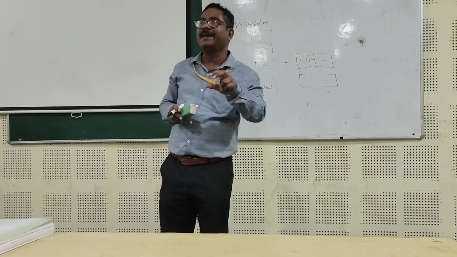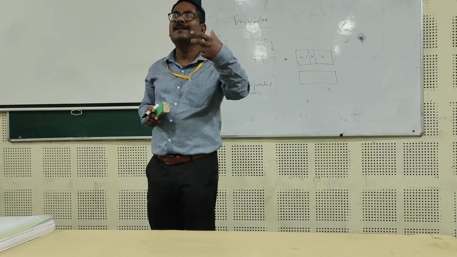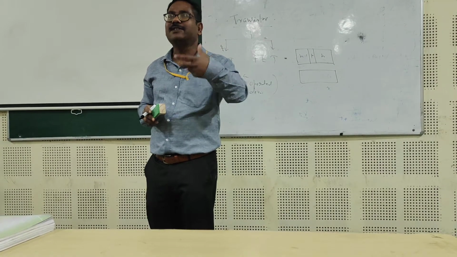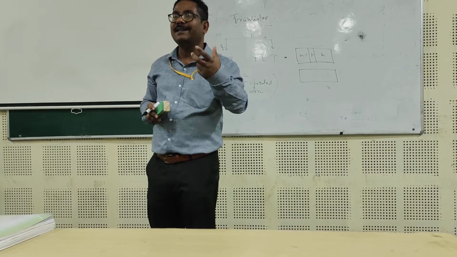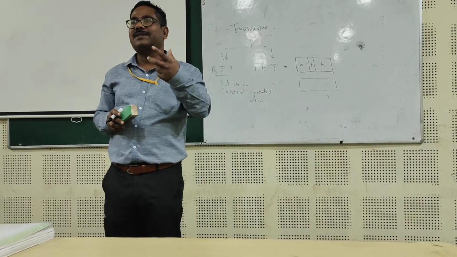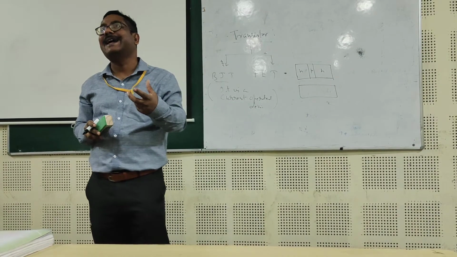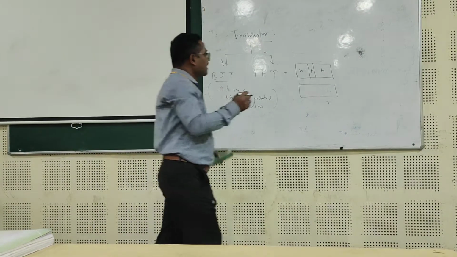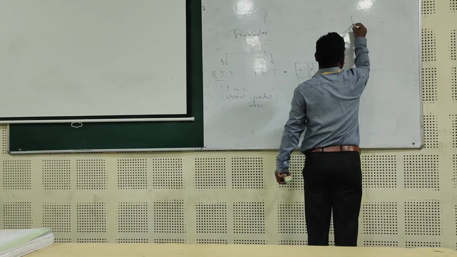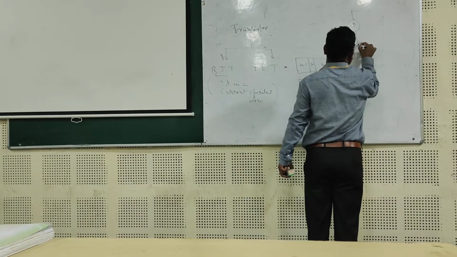For a voltage source, the internal resistance is very low. Ideally it should be zero. And the internal resistance of a practical current source should be very high, and ideally it should be infinity. The current source is represented by this arrow symbol.